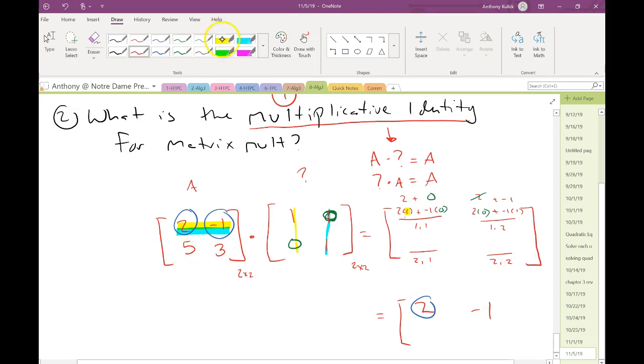Okay? Now we'll do row 2 times column 1. So I have 5 times 1 plus 3 times 0. That gives me 5. That's good. And then we'll do row 2 times column 2. That gives me 5 times 0 plus 3 times 1. That gives me 3. And now it works, right?